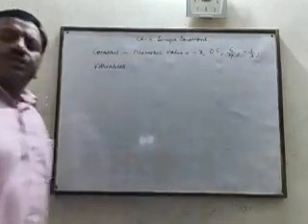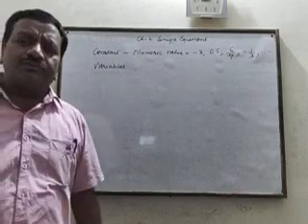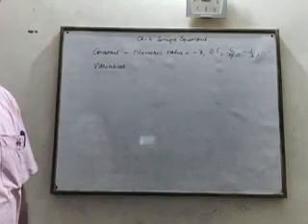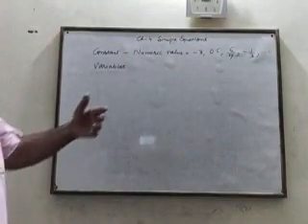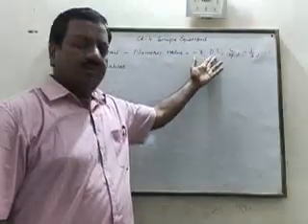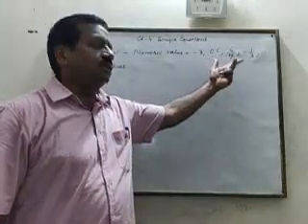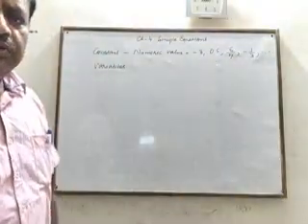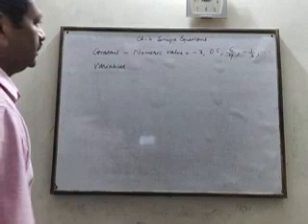So these are constants. Constant means any type of number, numeric value. It might be an integer, it can be a decimal, it can be a fraction. Any type of numeric value is called a constant.